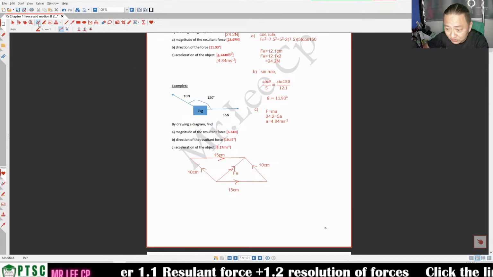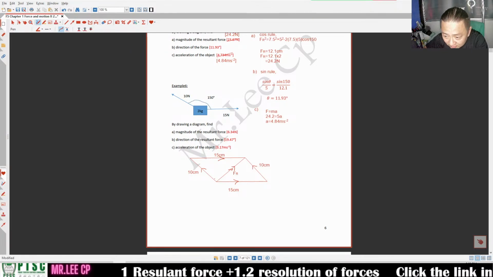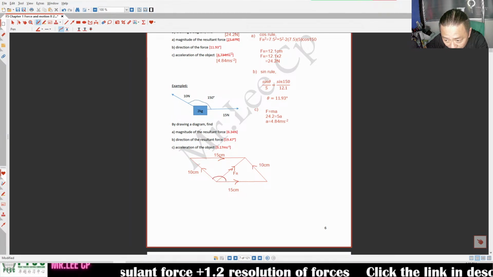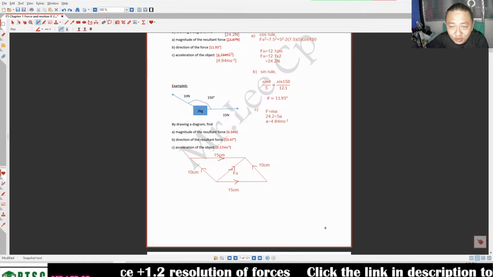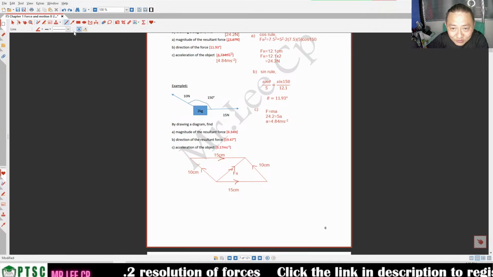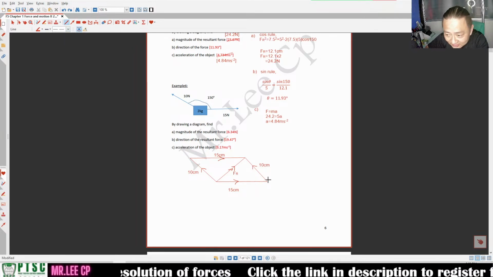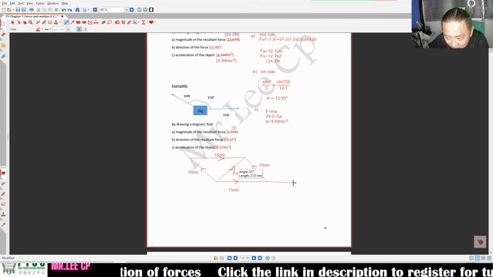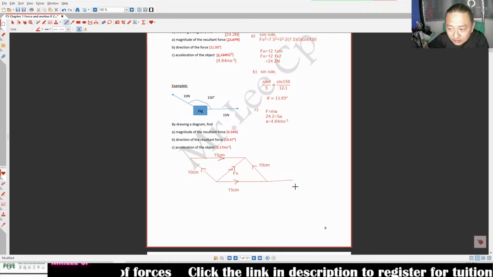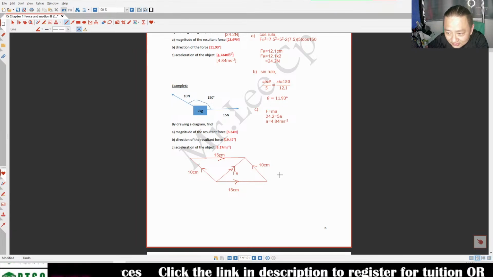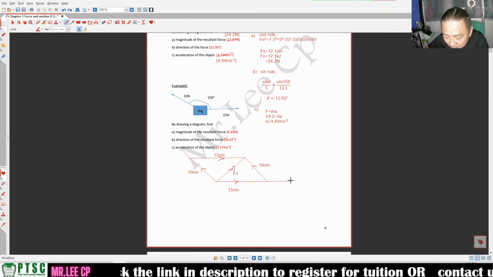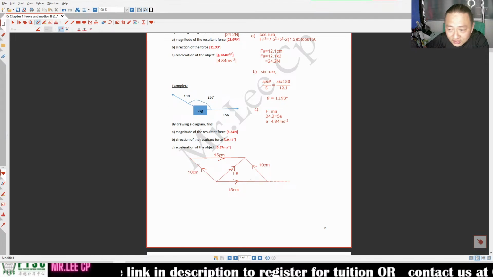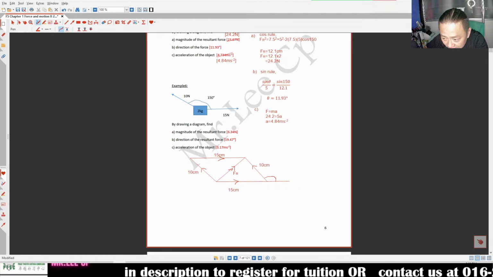So I'm going to put it in. This angle will be 150. Right, 150, yeah? Meaning that I don't want to spoil my drawing, so I am going to use the dotted line here. Okay. So this one will be 150.